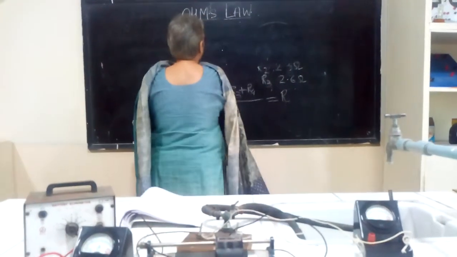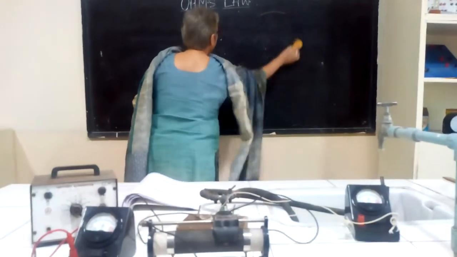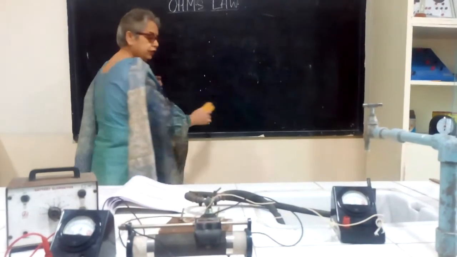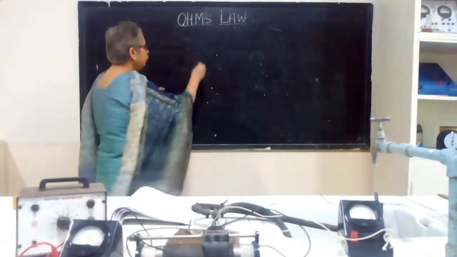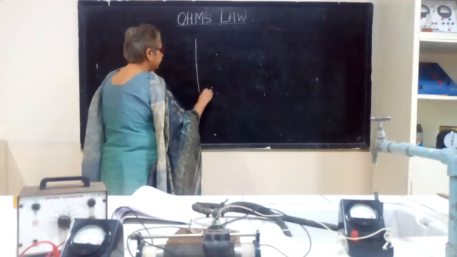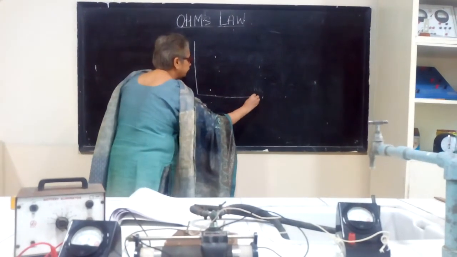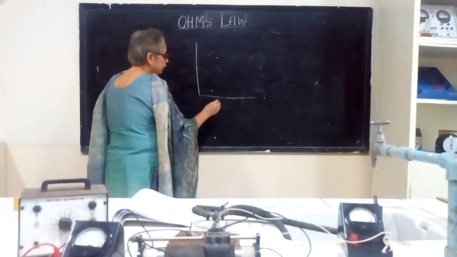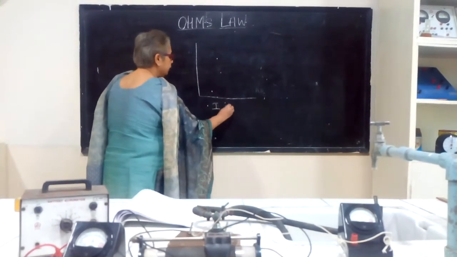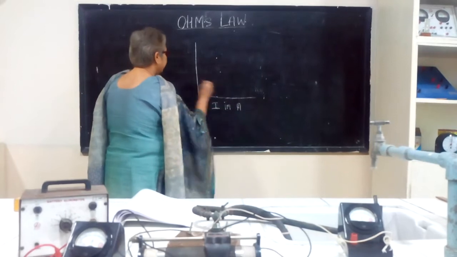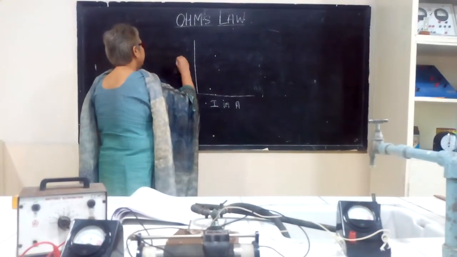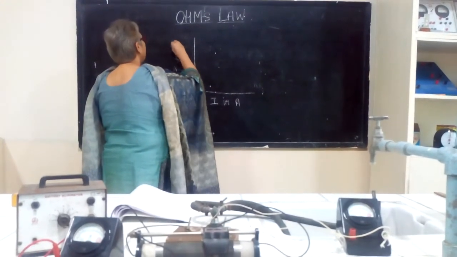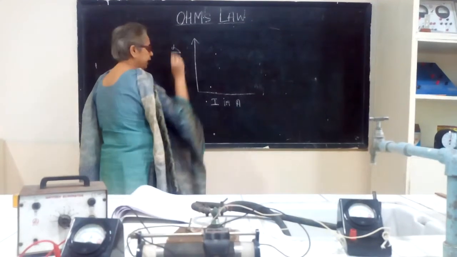Now afterwards, when you have got all the 3 or 4 readings, you have to plot these readings on a graph. Okay, so you plot current in amperes on the x-axis, V in volts on the y-axis.